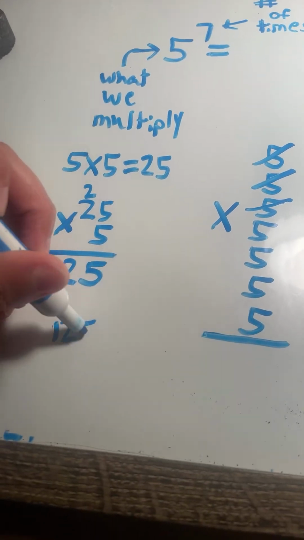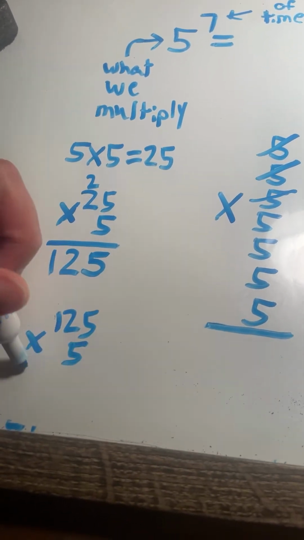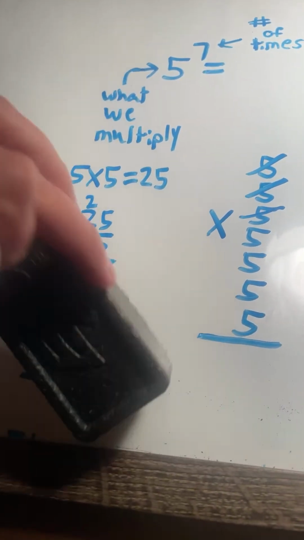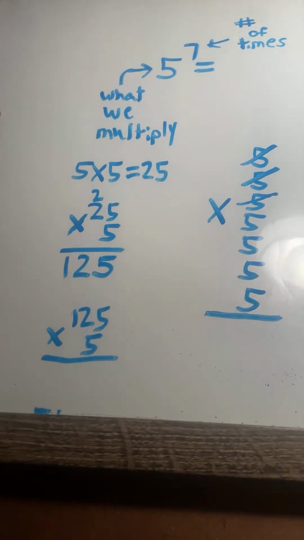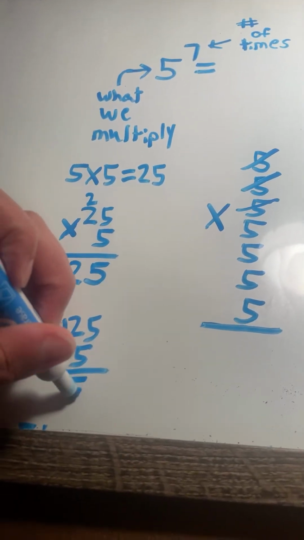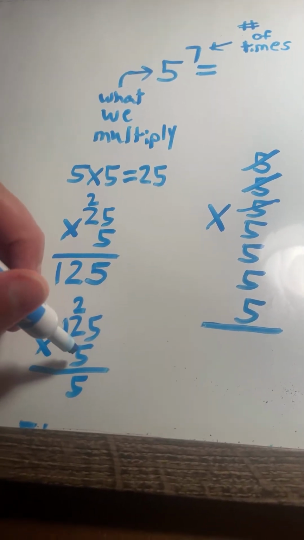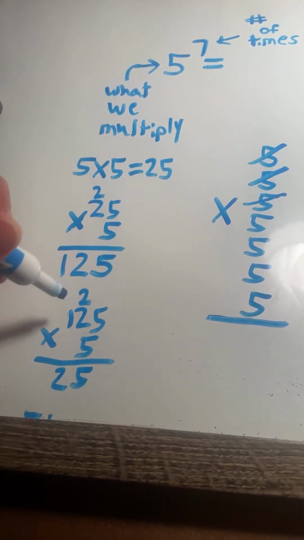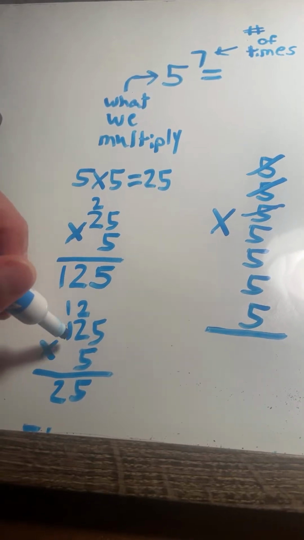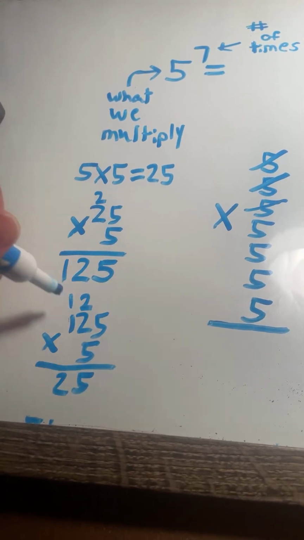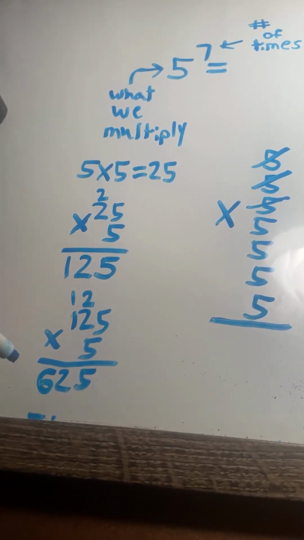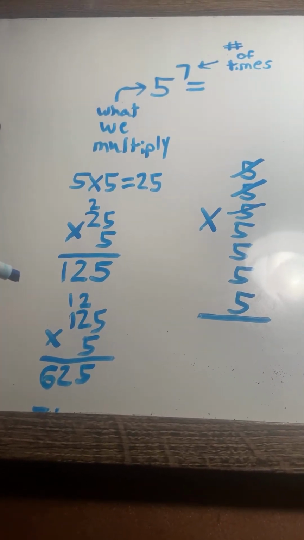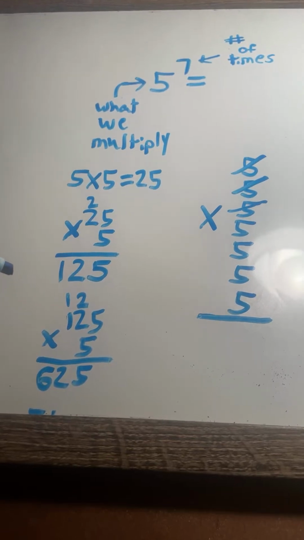So now 125 times 5. 5 times 5 equals 25. 5 carry the 2. 2 times 5 equals 10, plus 2 equals 12. 2 carry the 1. 1 times 5 equals 5, plus 1 equals 6. 125 times 5 equals 625.